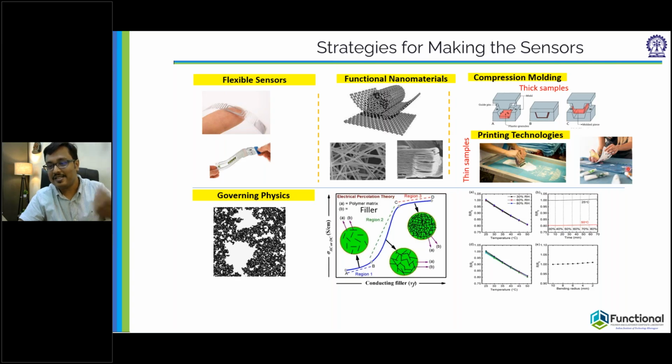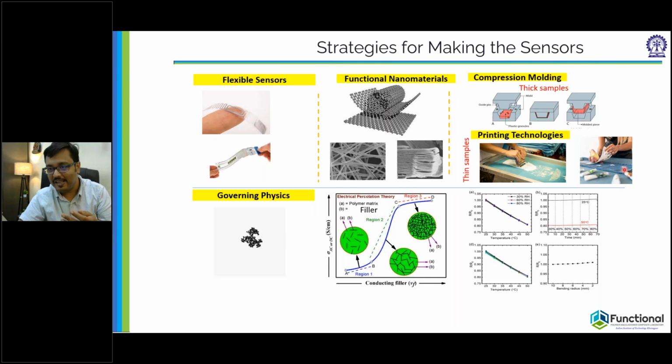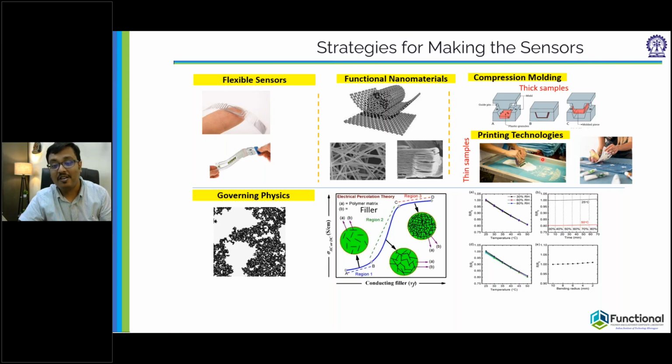We can just take it, put it into the stencil and print it. So what we come up with is stencil printable sensors. These stencil printable sensors and the screen printable sensors are very thin in nature. They can be printed on textiles, and on any substrate of your choice.